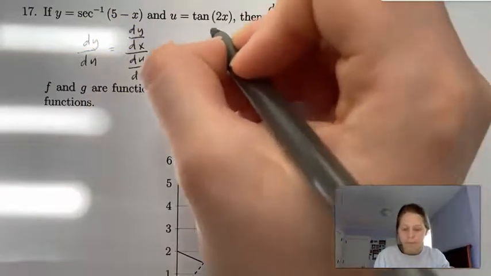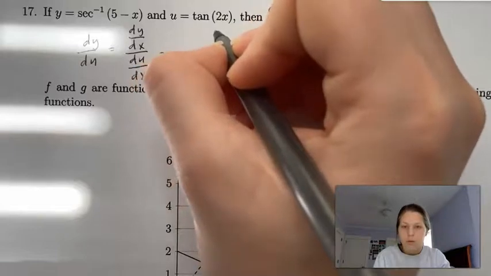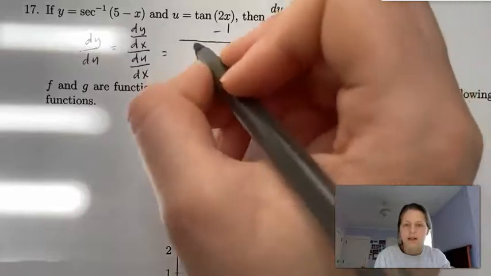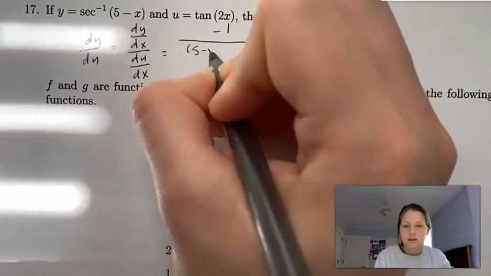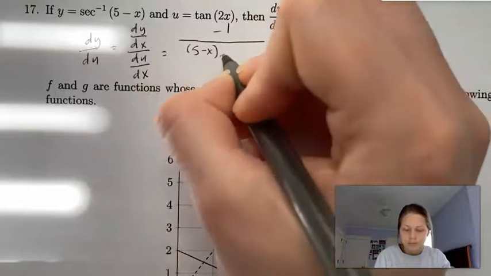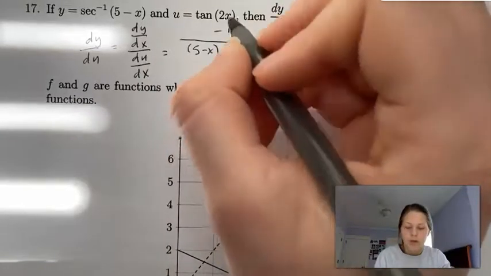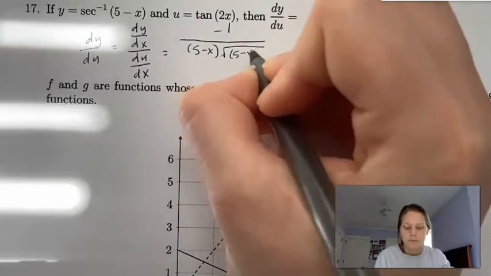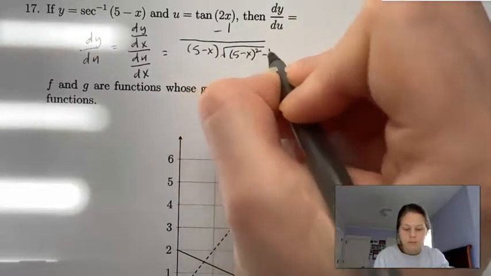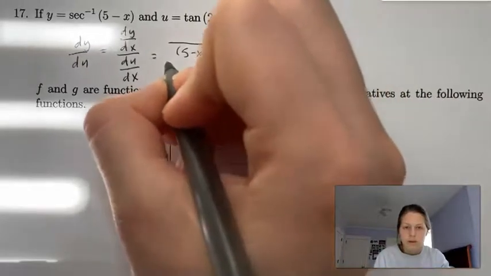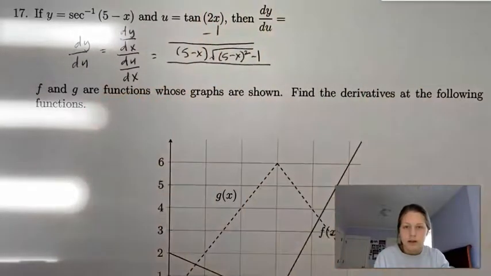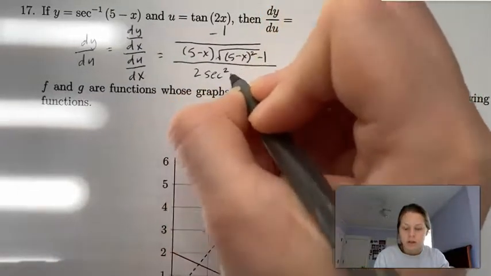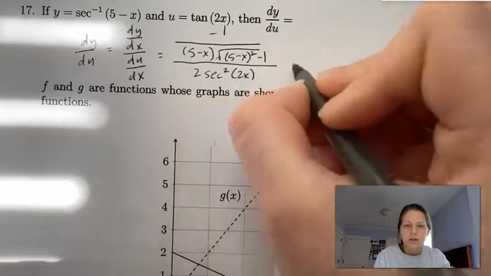And so we will get -1 over 5 minus x times the square root of (5 minus x) squared minus 1, divided by 2 secant squared of 2x.